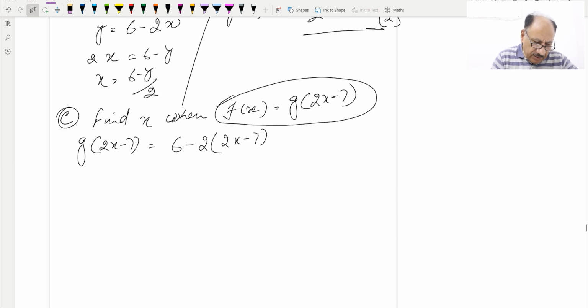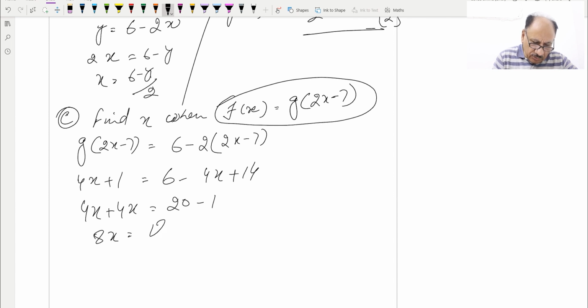So we will be writing here 4x plus 1 is equal to 6 minus, we'll open this bracket, so it will be 4x, and minus minus plus, so it will be 14. Now we can simplify, and this 4x we can send to the other side, so plus 4x is equal to 6 plus 14, which is 20, and minus 1, so 8x is equal to 19.